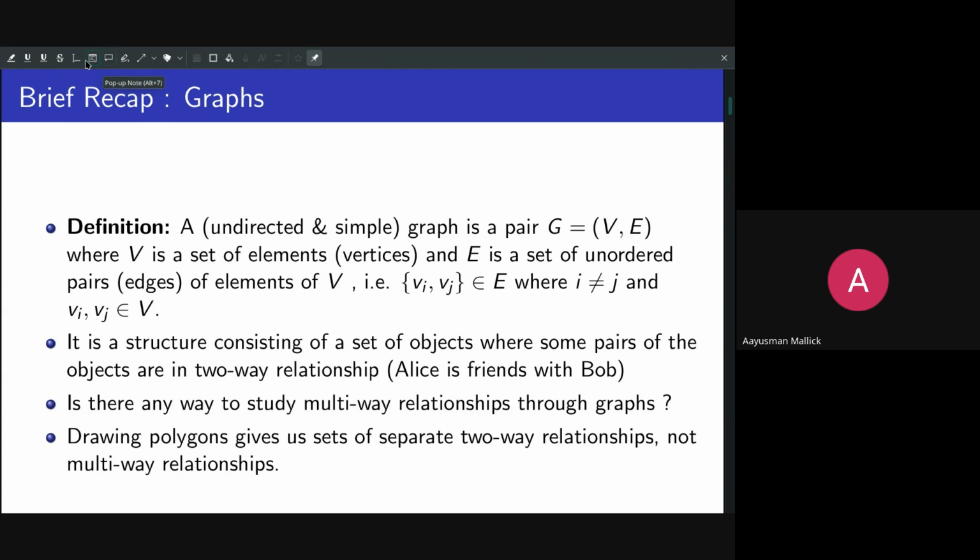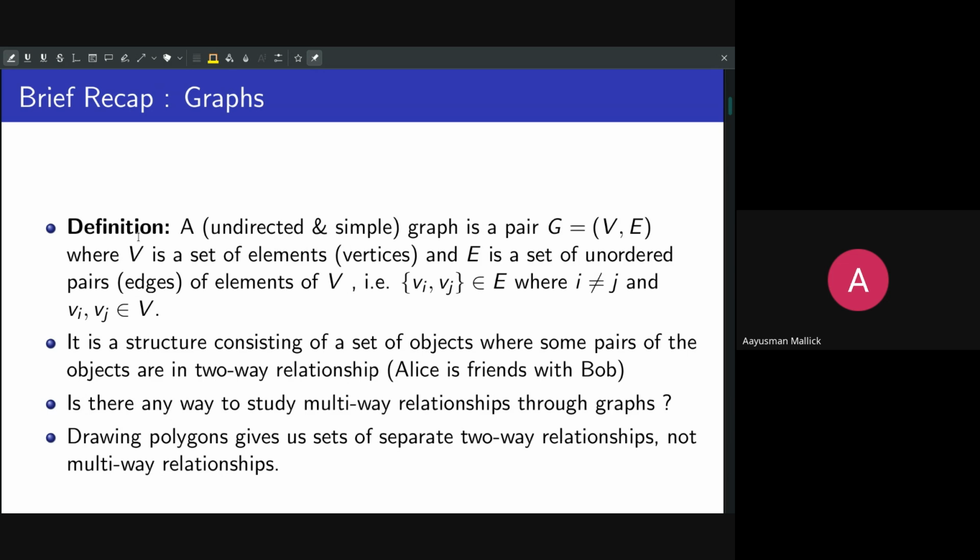A basic definition of a graph is that it is a pair of two sets, where the first set contains the elements which we colloquially term as vertices, and the second set in that pair is the set of unordered pairs of elements from the first set.